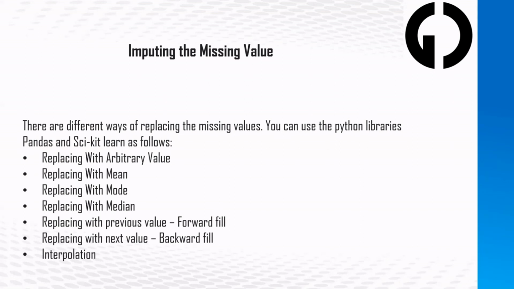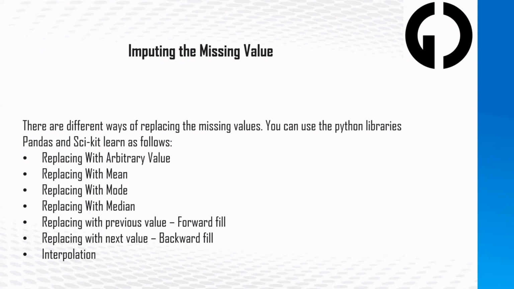Median is the middlemost value, so it is better to use median in case of outliers. In this case also we can use fillna to replace missing values in a column. The next one is replacing with the previous value, forward fill. In some cases, imputing the missing values with the previous value instead of mean, mode, or median is more appropriate.